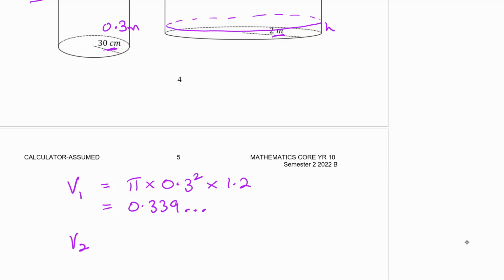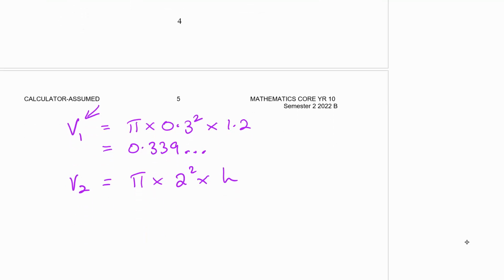And volume 2, well, it's the same volume obviously as the water in here, but we'll deal with that in a moment. That is going to be pi times 2 squared times h. So we can say that the 0.339 and so on is equal to pi times 4 times h.